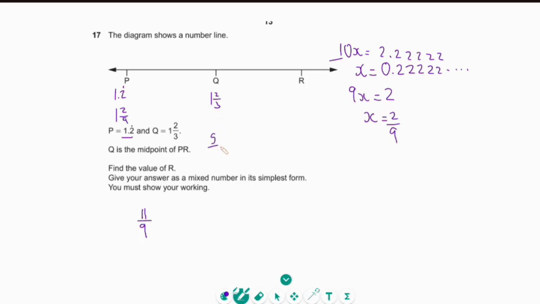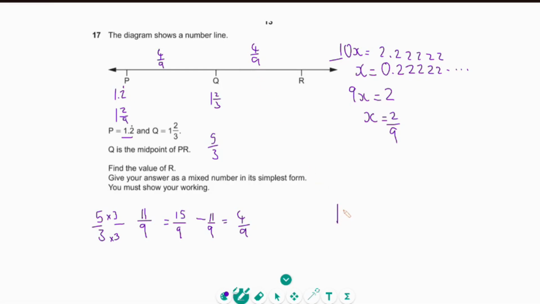and 5/3. I'm just going to subtract these to find the distance between P and Q. So I'm going to multiply the denominator and numerator by 3. So we've got 15/9 minus 11/9, which is 4/9. So the distance between P and Q is 4/9. And seeing as Q is the midpoint between P and R, the distance here must be 4/9.